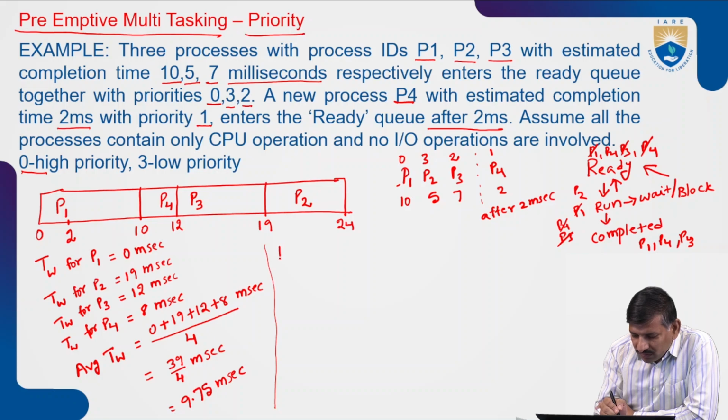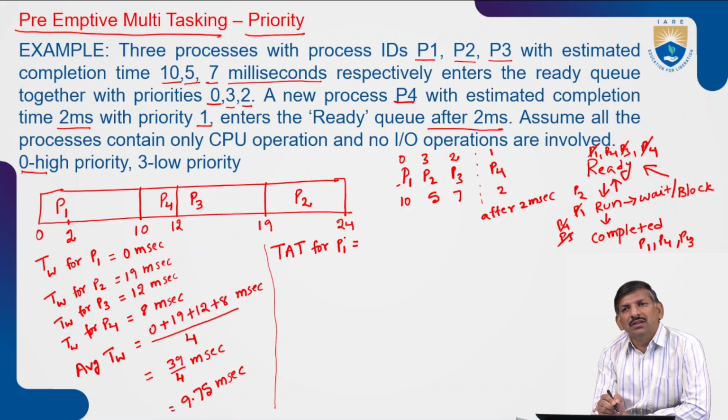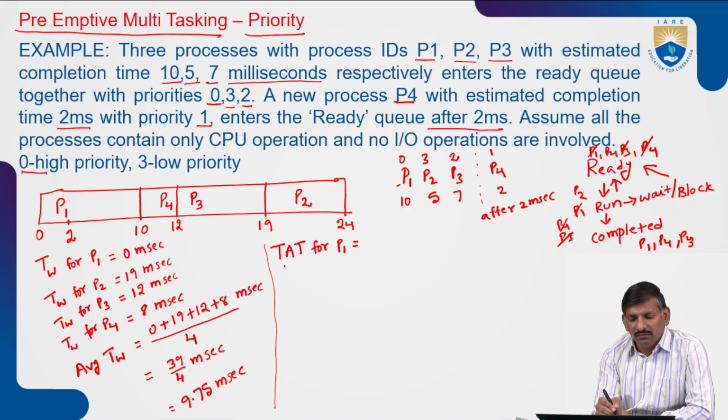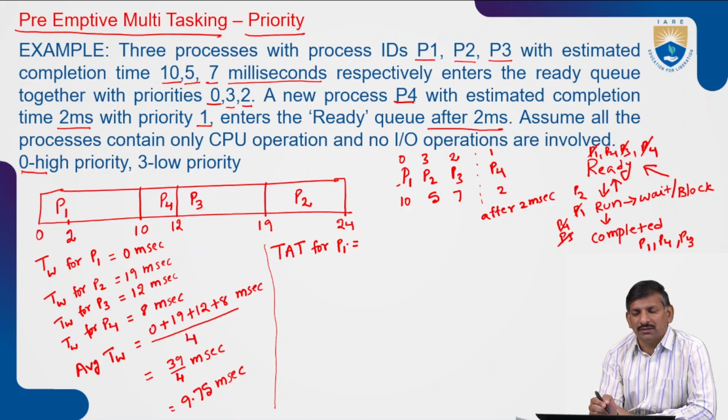Now turnaround time for process P1 means the time taken by the process P1 to complete its execution from entering into the ready state.